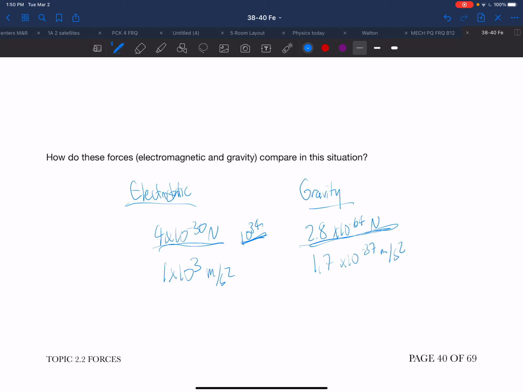And when we look at the accelerations, this is accelerating at 1,000 meters per second squared. This, the gravity, 10 to the minus 37th. And so the acceleration is about 10 to the 40th times larger. A very large difference indeed.